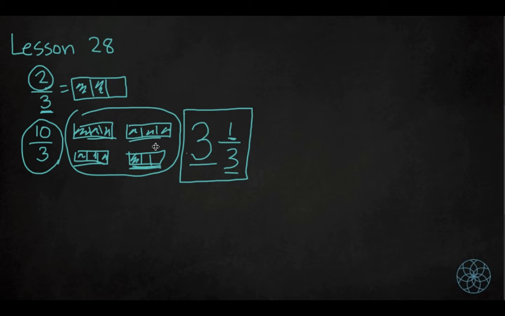So I hope that makes sense, how to convert from an improper fraction to a mixed number.